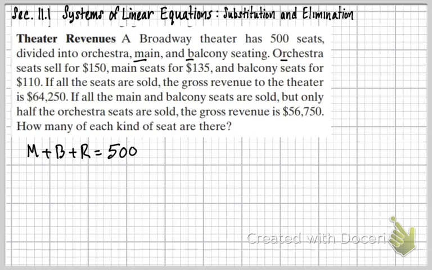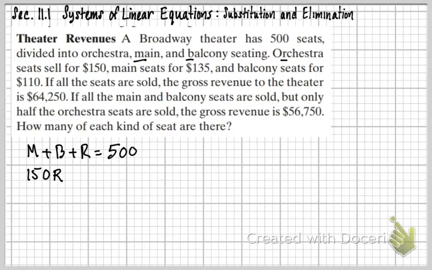So if I want to talk about how much money it costs for, let's say, orchestra seats, I would write 150R, and that's going to be the dollar amount of the orchestra seat tickets. Okay, it says if all the seats are sold, the gross revenue is $64,250.